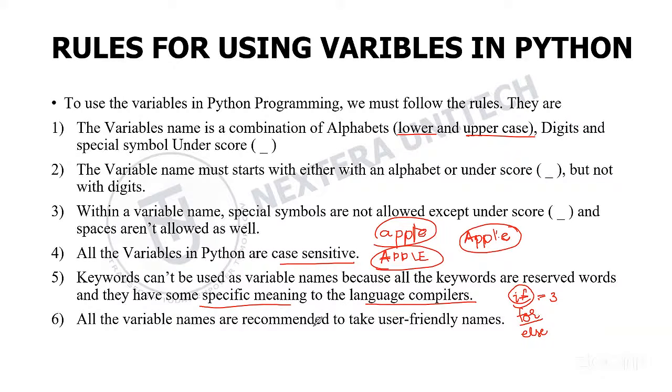And all variable names are recommended to be user-friendly names. That means if you want to save the salary of an employee, I can write salary.